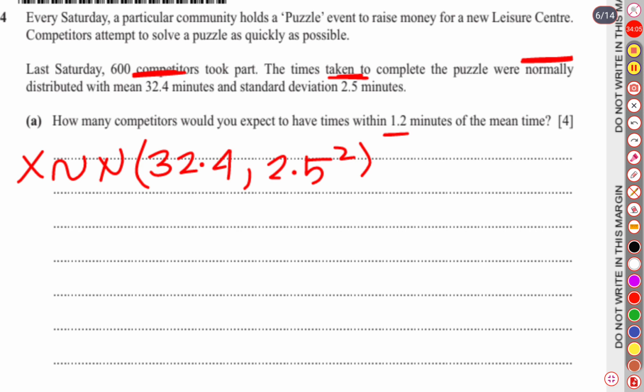So our x is going to be the mean value minus 1.2, 32.4 minus 1.2.